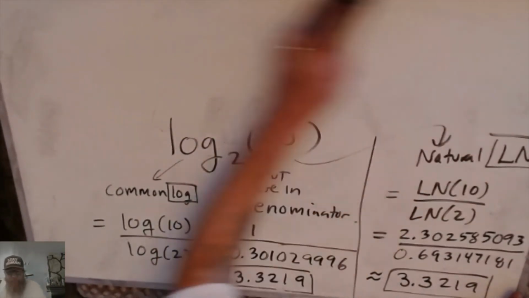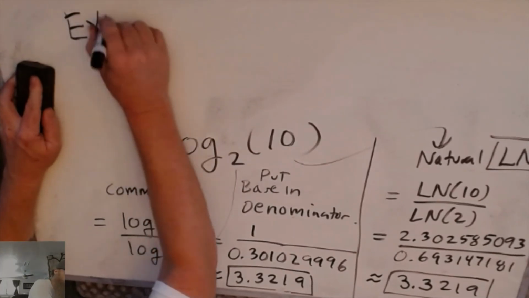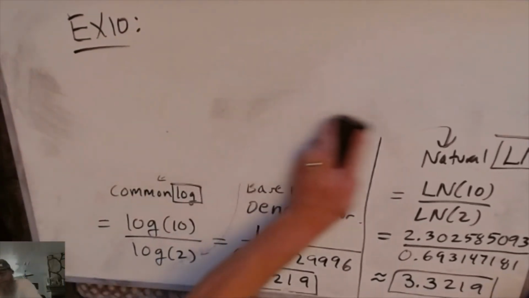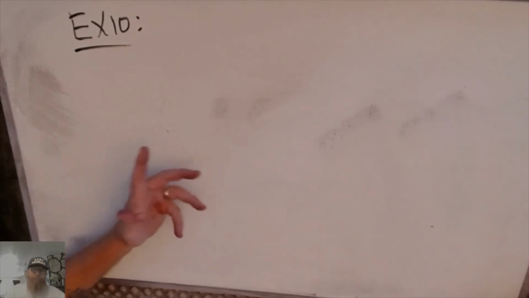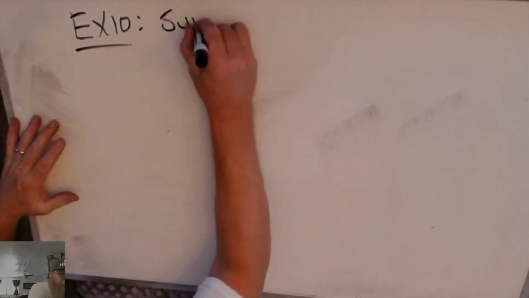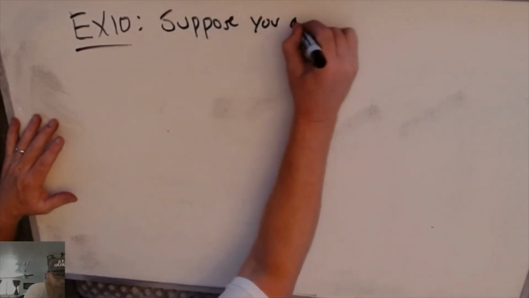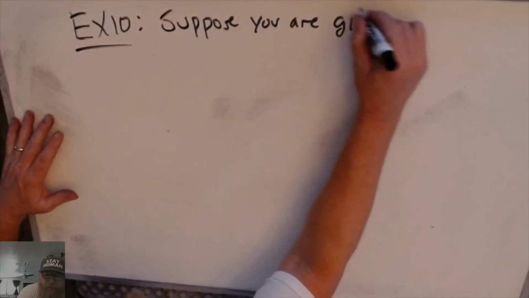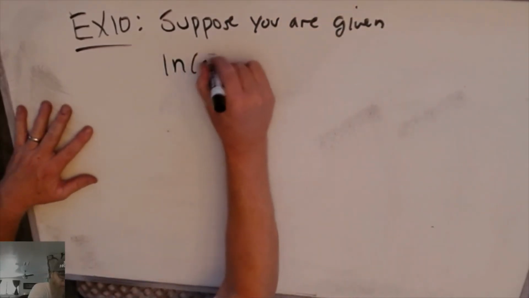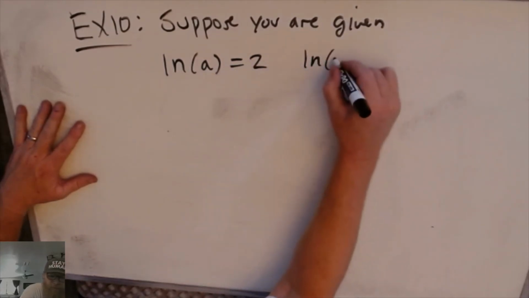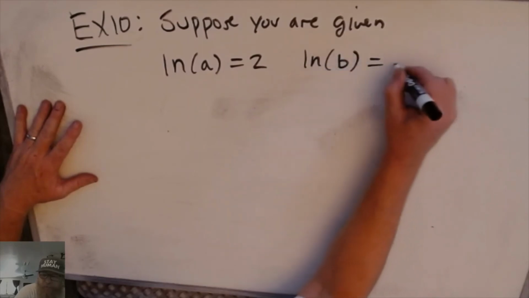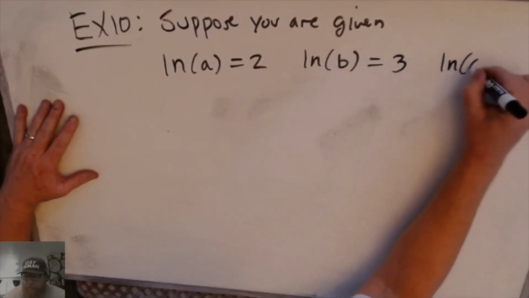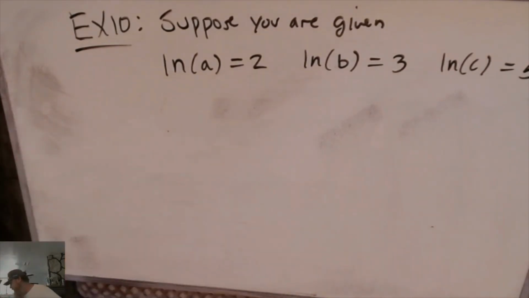Example 10. I saved the best one for last. Suppose you were already given some information. Suppose you know that ln of A is 2, ln of B is 3, and ln of C is 5.